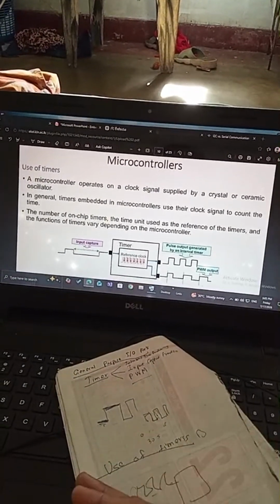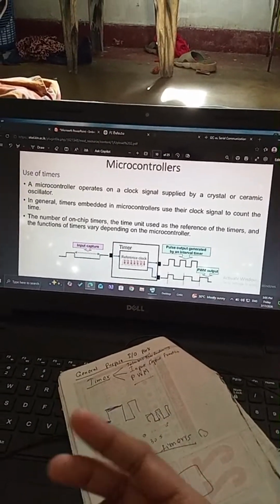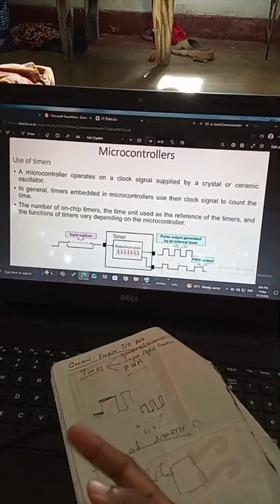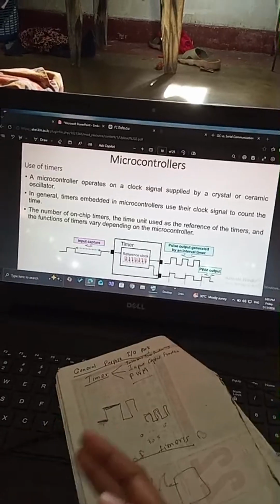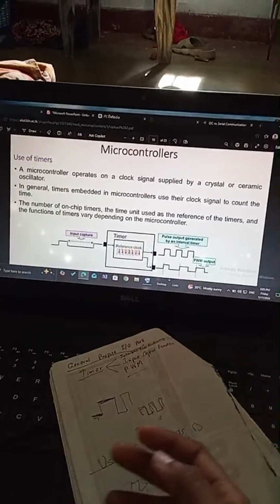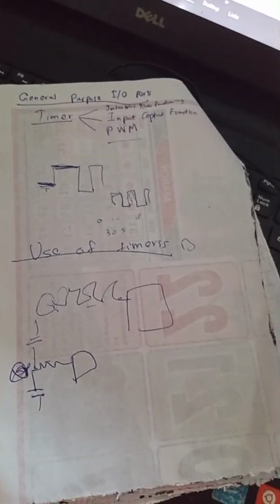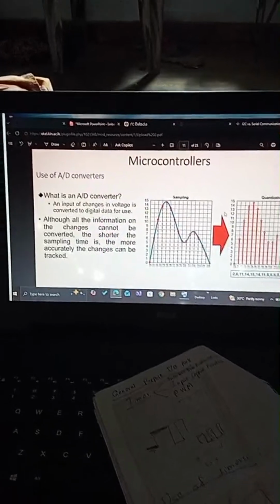So we can have all three functions, or only one. It just differs from one microcontroller to another, what kind of functions are in the microcontroller and what are not. Alright, I've completed talking about the microcontroller timer part.